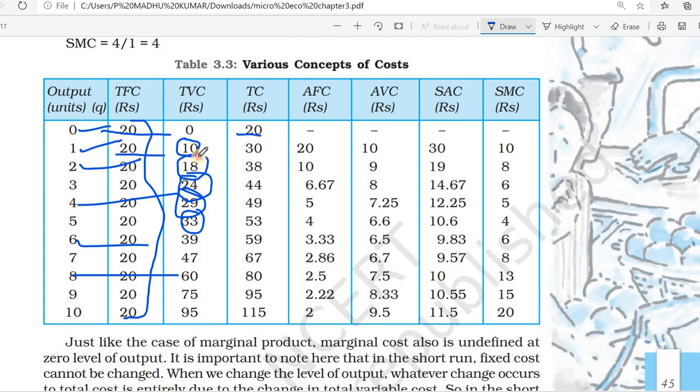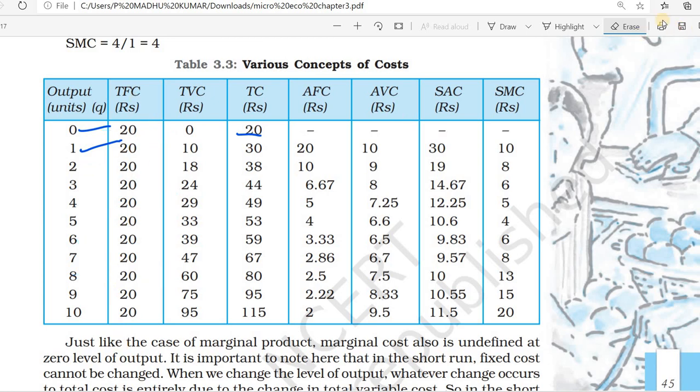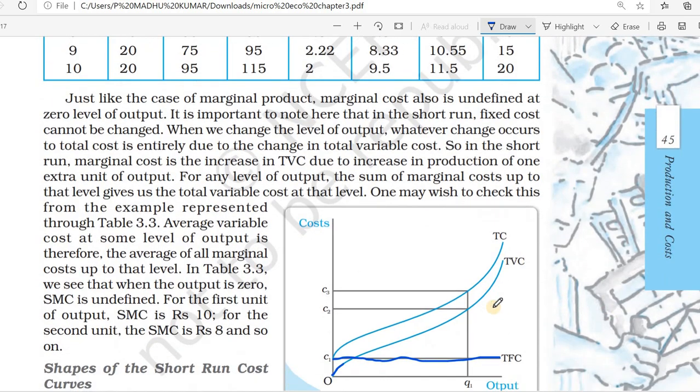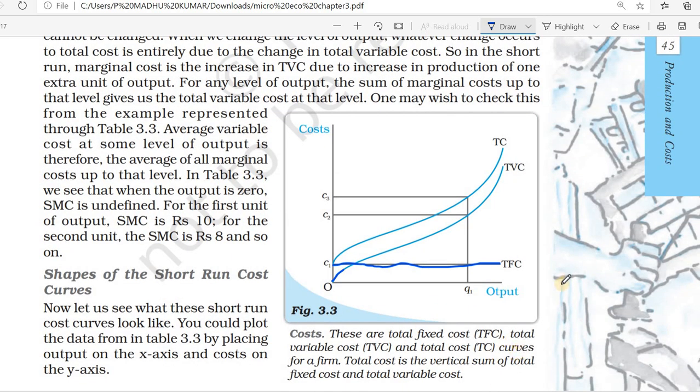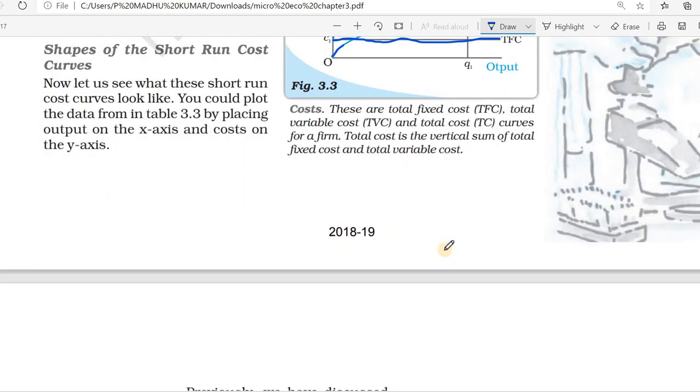When we add 20 and 10, we get the cost. Then 20 plus 18 we get 38. 20 plus 24 is 44. That is the reason total cost is a summation of total fixed cost and total variable cost.